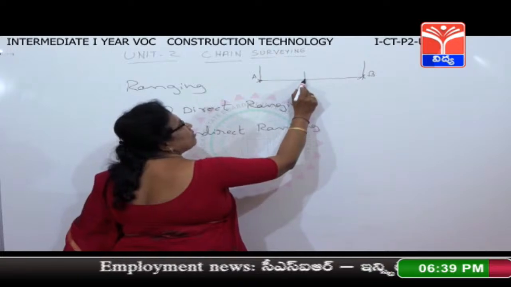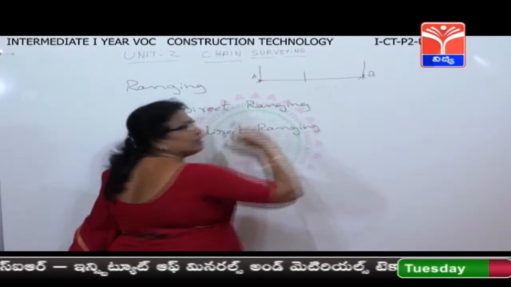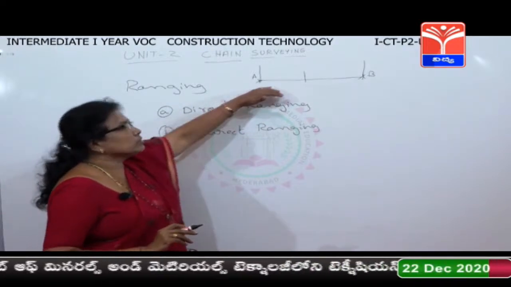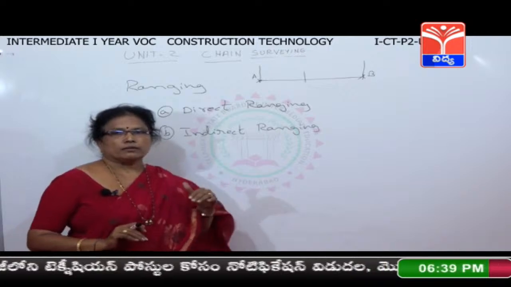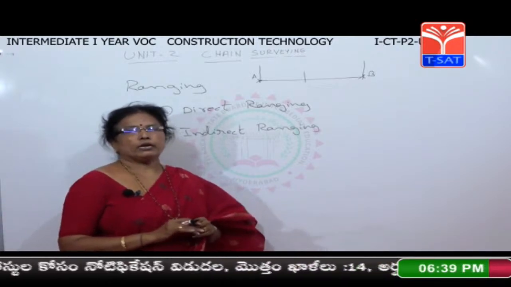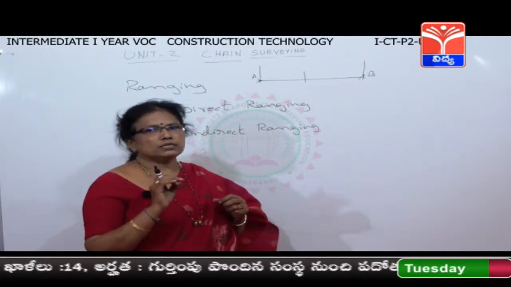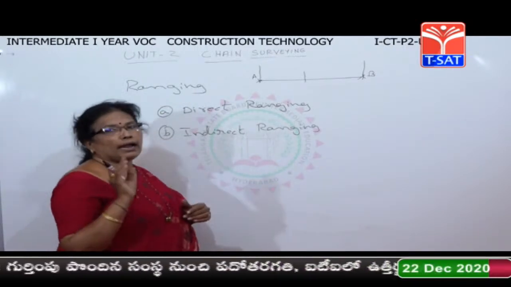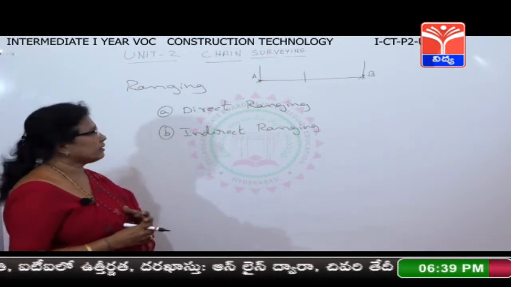Then this person will direct that person to come in a straight line. That process is called ranging: fixing the intermediate points between the two end stations. It is of two types, direct ranging and indirect ranging.